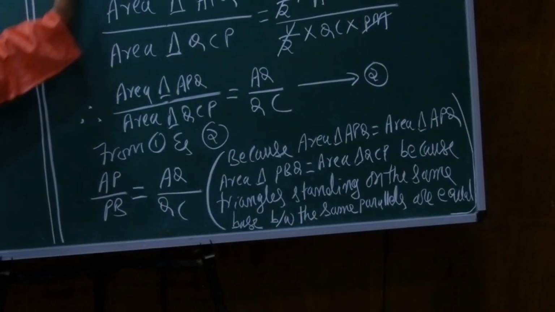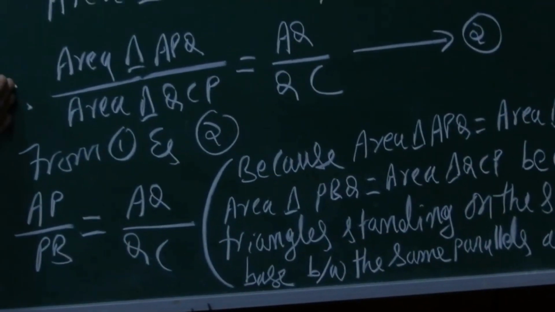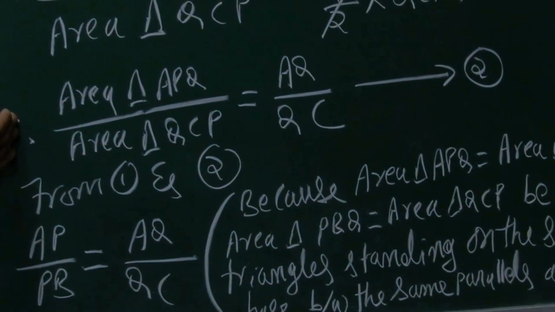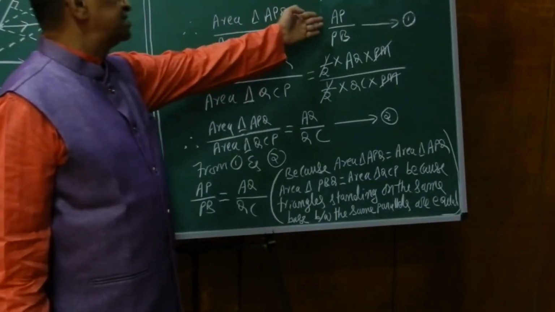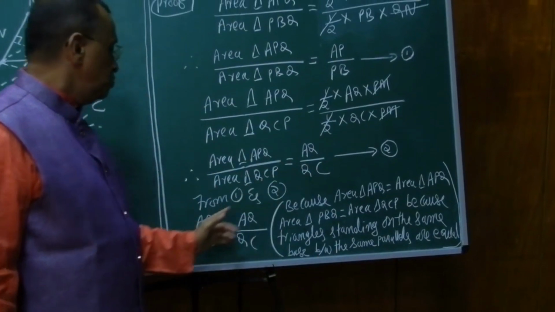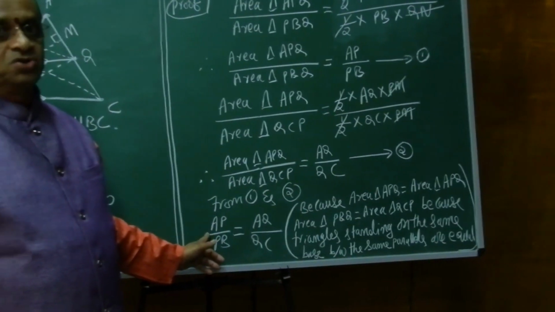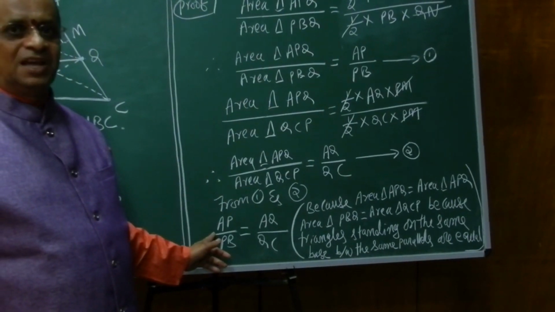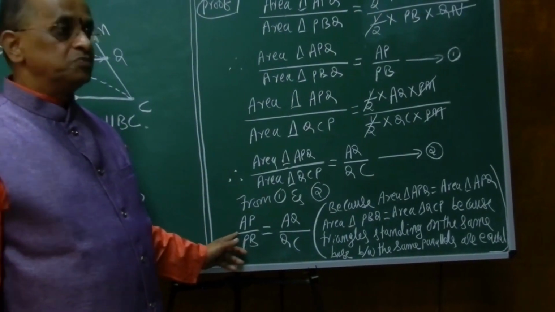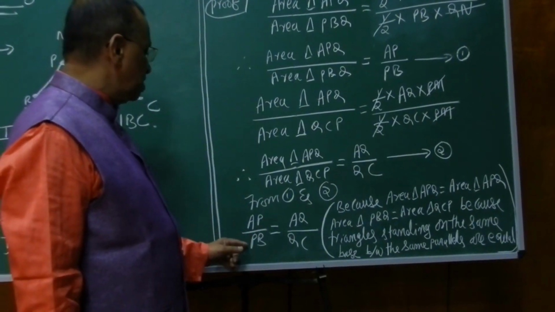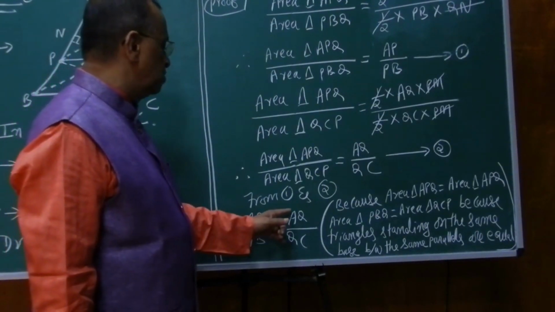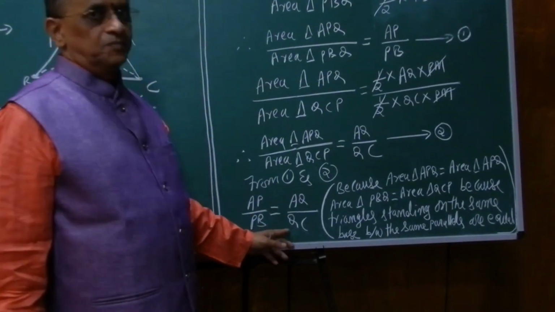Therefore, the left hand sides of first and second are equal, and therefore the right hand sides are also equal, according to the mathematical axiom that things which are equal to the same thing are equal to one another. Hence AP over PB becomes equal to AQ over QC.